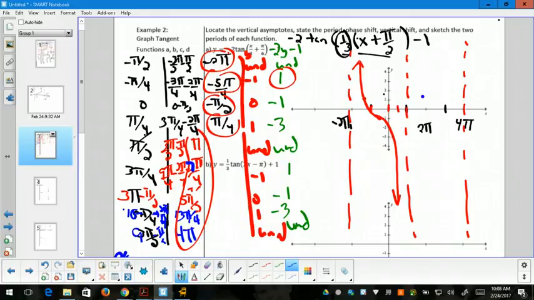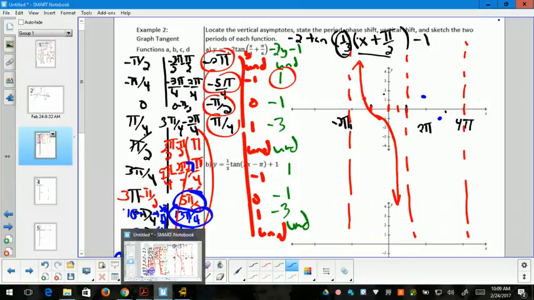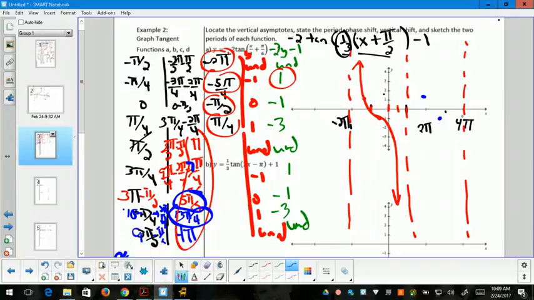That goes up to 1. 5 pi over 2, that's 2.5 pi. That's at negative 1. Yeah. 13 pi over 4, that's just past 3 pi, and that's negative 3.